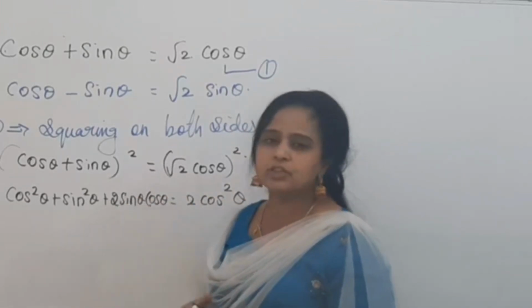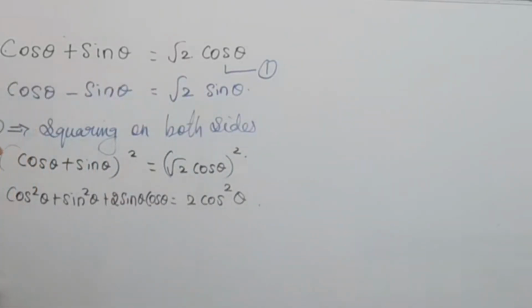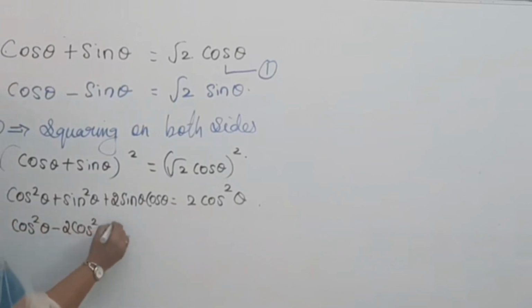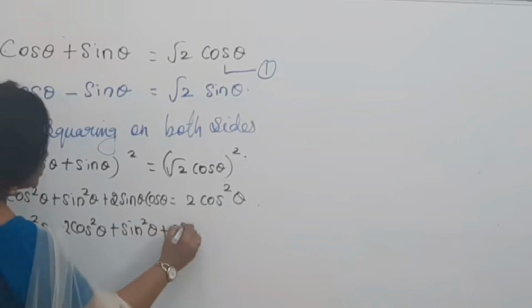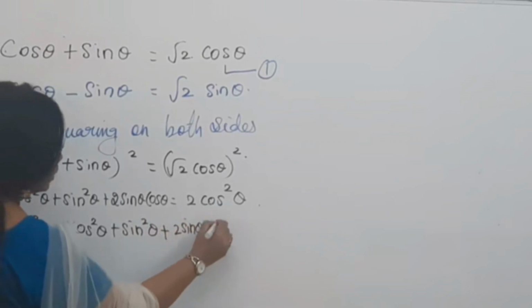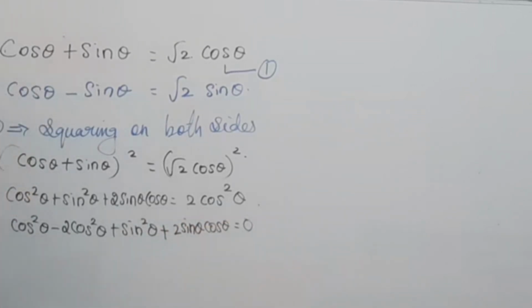I am bringing this 2 cos square theta to the other side. So it becomes cos square theta minus 2 cos square theta plus sin square theta plus 2 sin theta cos theta equal to 0. Hope you get this point, how I bring it.